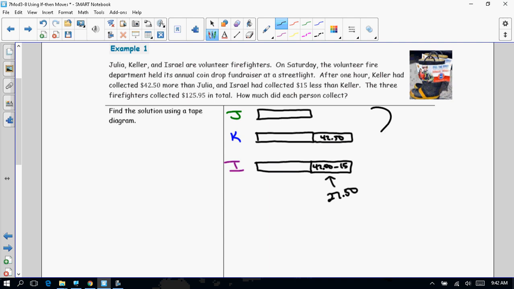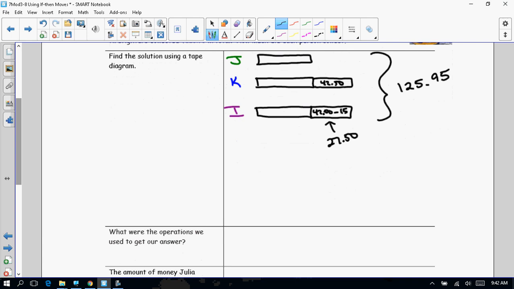And I know that all 3 of these is $125.95. So what I can do is take all this information, take the $125.95, subtract the $42.50 that Keller has more than Julia, and subtract the $27.50 that Israel has more than Julia.